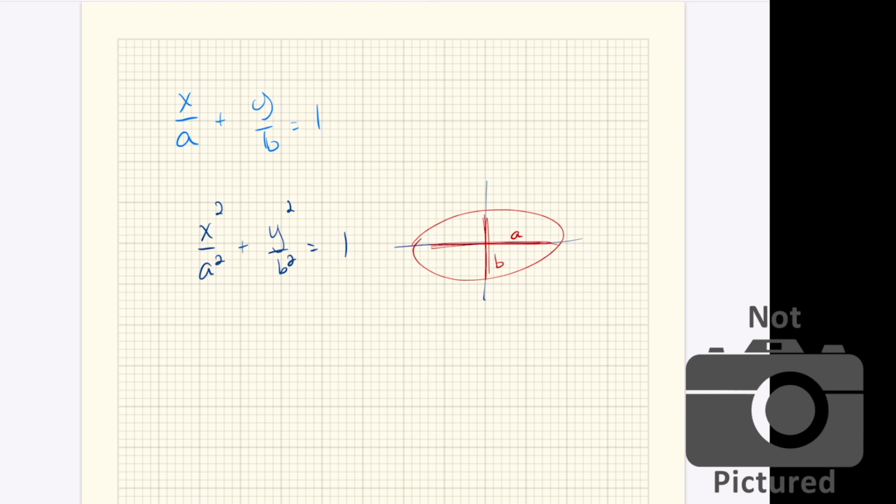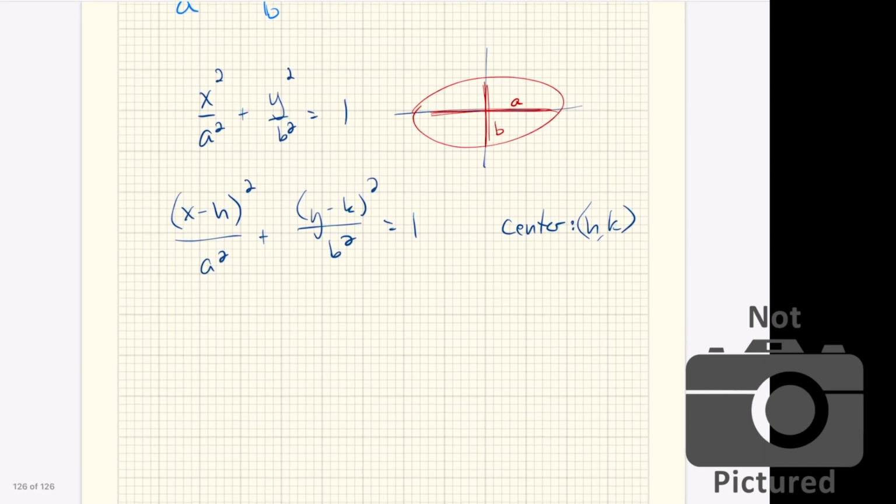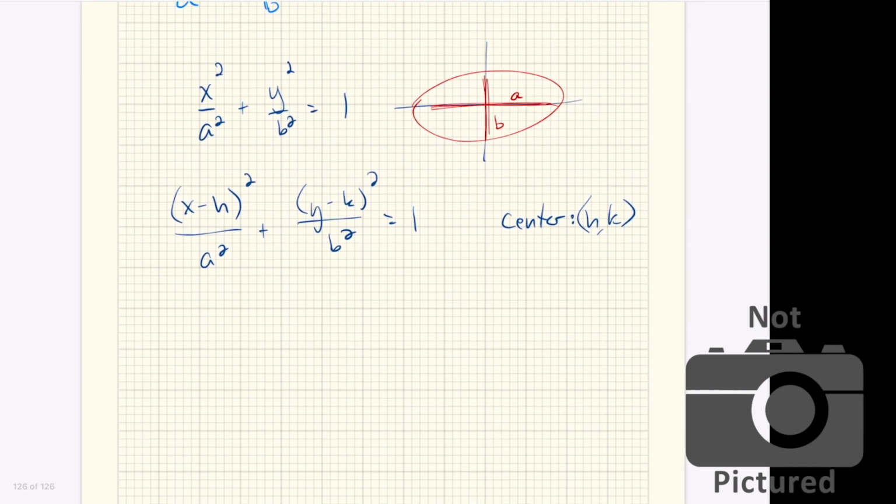And in fact, we could even extend this. We could say something like (x minus h) squared over a squared plus (y minus k) squared over b squared equals 1, where now we have a center of the ellipse at (h, k). And so one challenge I'm going to leave you with today is, what would it mean to take that back and fill it into this intercept form I'm giving you for a line?